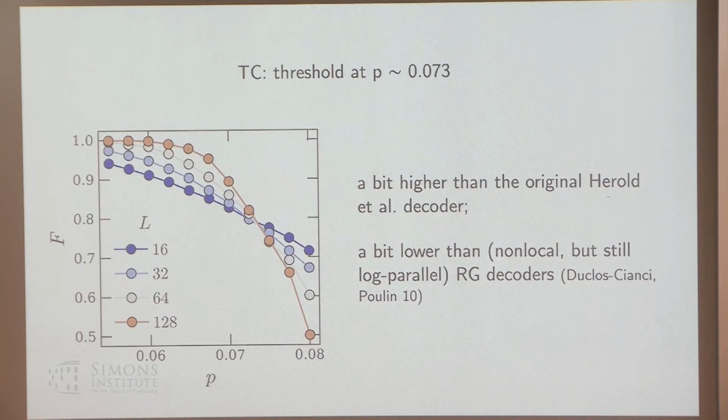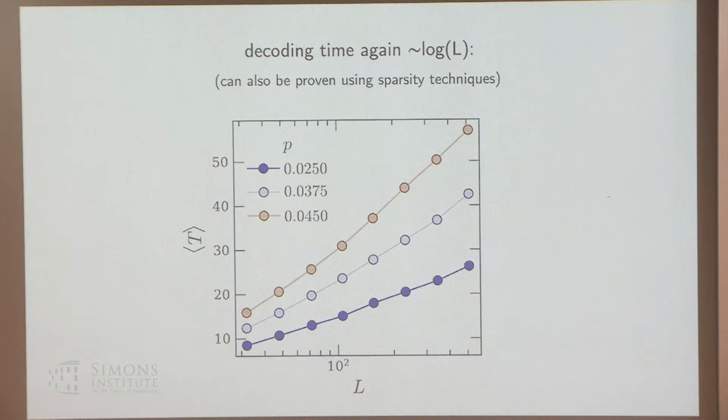It's a bit lower than some other minimal weight perfect matching or RG-inspired decoders, but maybe the exact value of the threshold is not super important for this audience. Again, if you look at how long decoding takes to complete in this model, it scales as log L, and this can again be shown using the sparsity techniques developed by Gacs. This is all offline decoding.